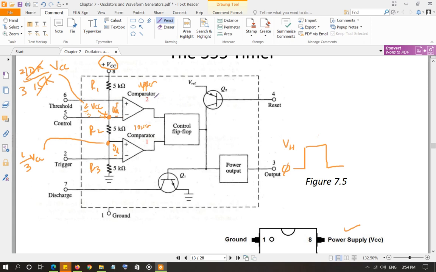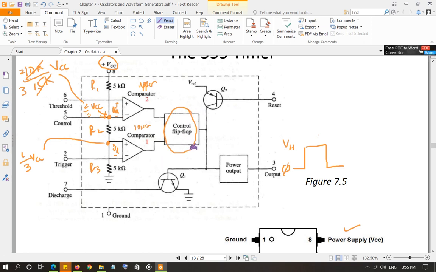So the output will be VSAT over here if the threshold is greater than 2/3 of VCC, and the output will be VSAT over here if your trigger voltage is less than 1/3 of VCC. Now if they are not, then of course the output is going to be negative VSAT.